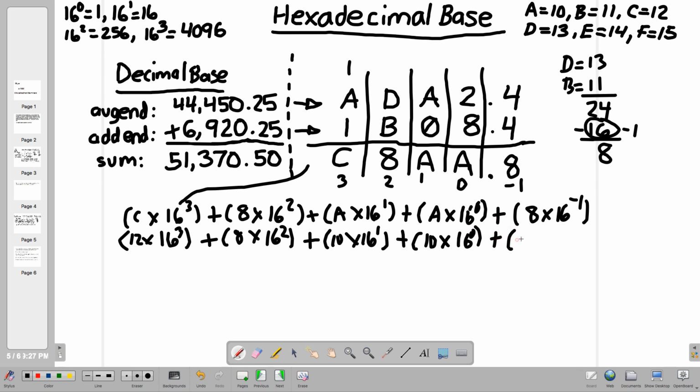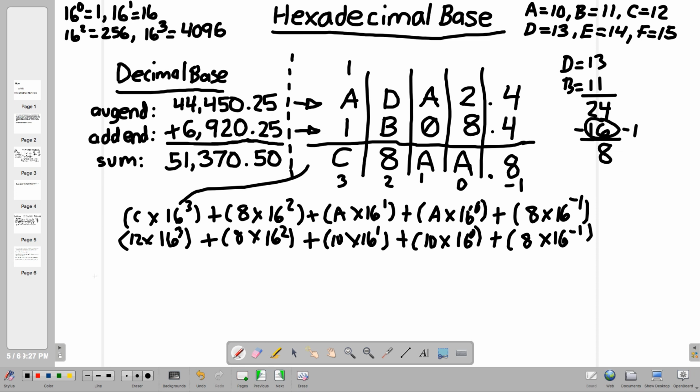And then we have the same thing, 8 times 16 to the -1 power. All right, so this is 12 times 4,096, same as times 12.